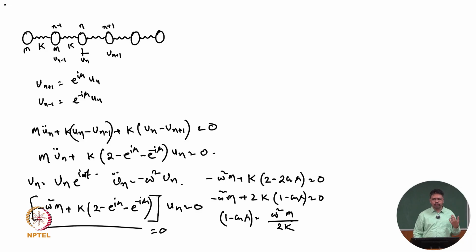Now if we try to do the same thing with damping, so here we are considering, instead of just the spring, a spring and dashpot. Then what is the change? Where will the change be? Will the Bloch theorem change?